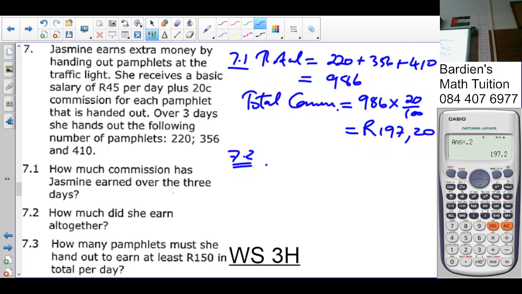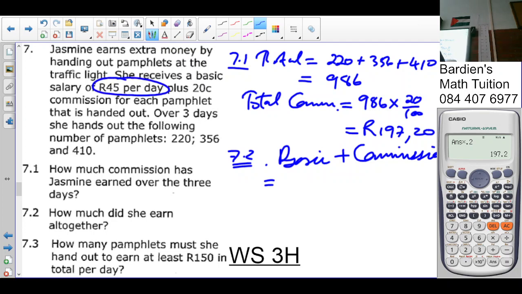Question 7.2: how much did she earn altogether? Total earnings is the basic plus your commission. The basic is earning 45 rand per day.